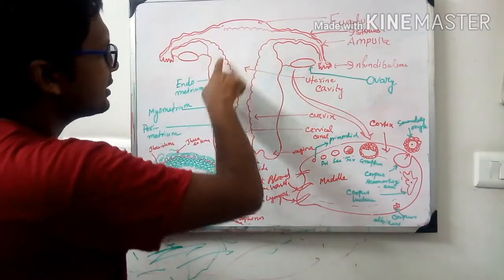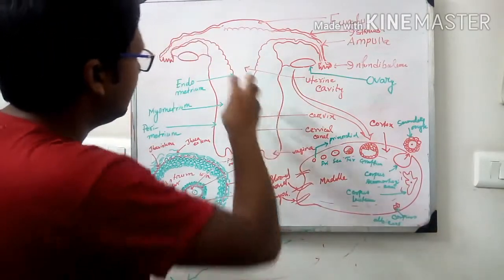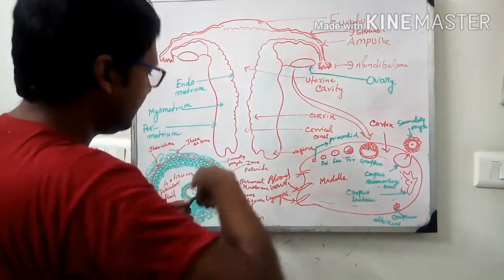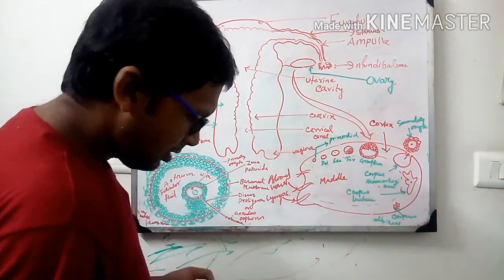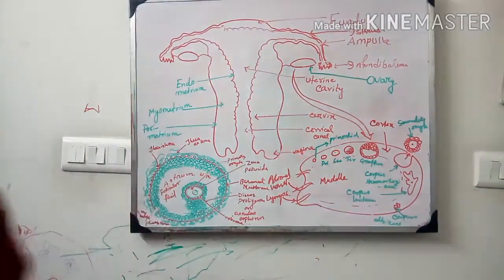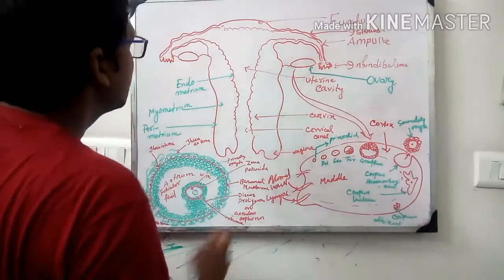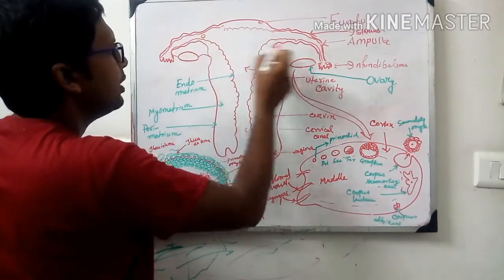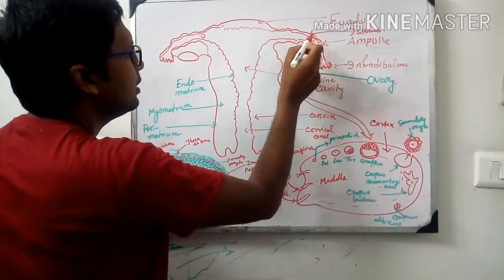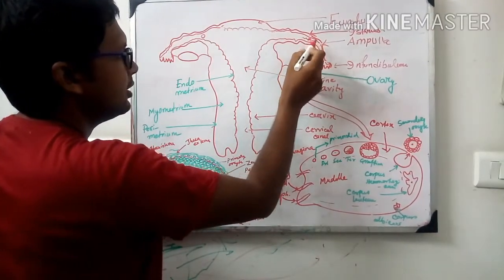This region, this cavity, is called the uterine cavity. This is the uterus. If fertilization occurs in the ampulla region, where the sperm moves and gets attached to the egg, that is fertilization.